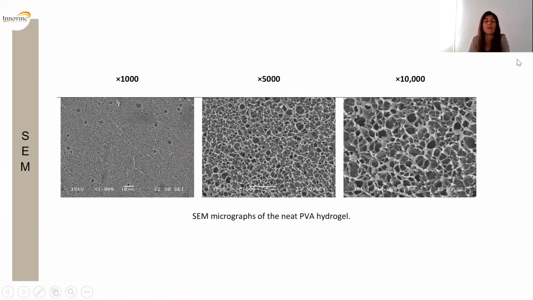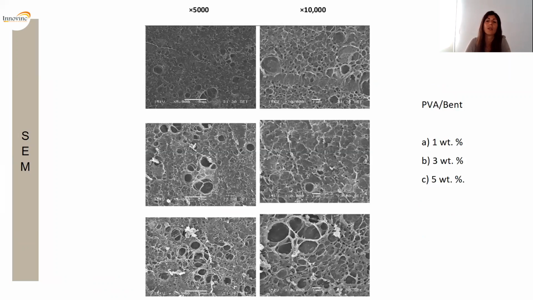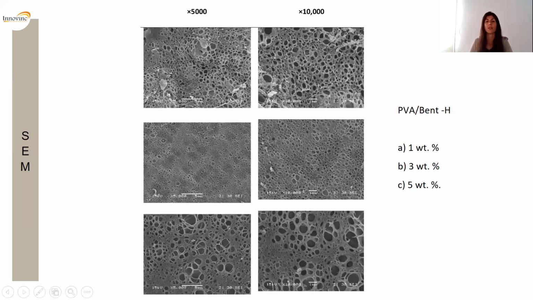Then we saw the pores, the morphology of the different hydrogels, through the analysis of SEM micrographs. Here we have a neat PVA hydrogel having a very porous structure. Then here we have the bentonite-containing materials. We can see that we have larger pores, but they are not well distributed. Here we have the acid-treated bentonite-containing materials.